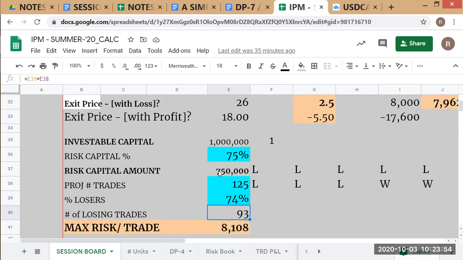That's why you take the risk capital divided by the number of losing trades. This only makes sense if your risk capital is in US dollars and your maximum risk per trade and your trade P&L projections per transaction are all in the same currency.